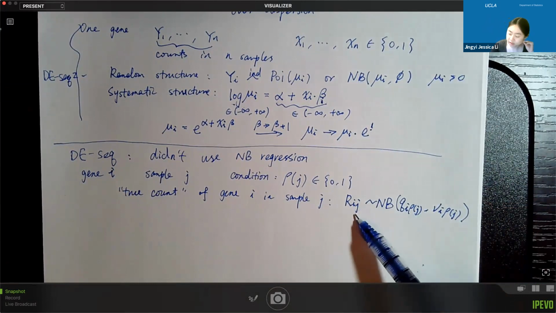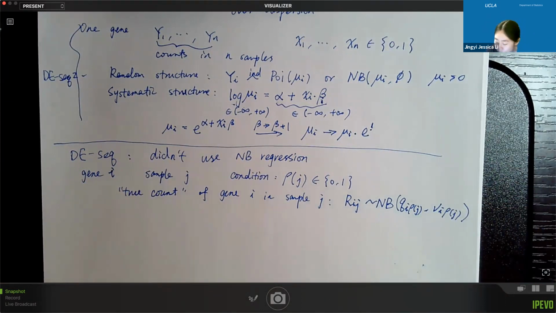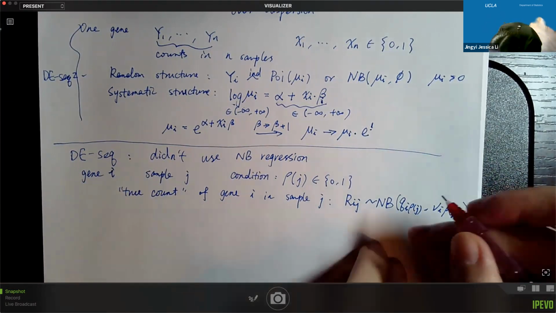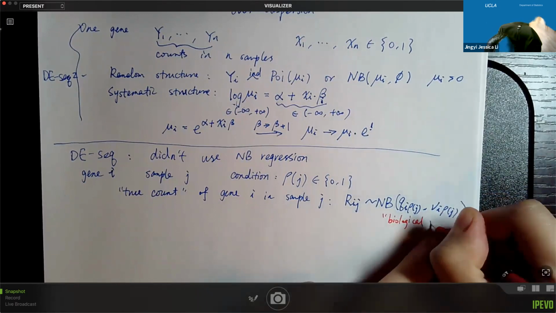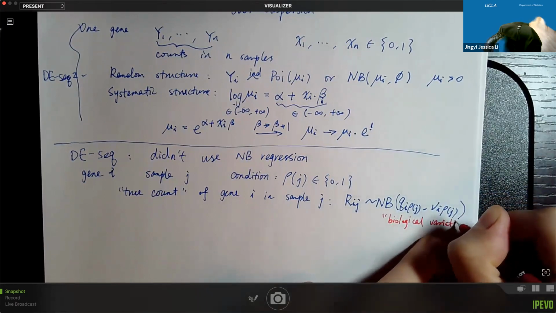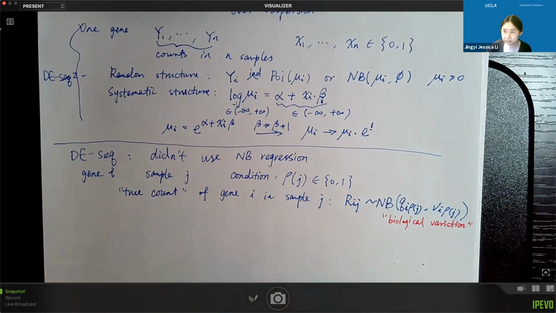So basically we can consider this to be the biological variation, which means that even though samples are from the same condition, the gene may still have different true counts in each sample, just due to biological variation.